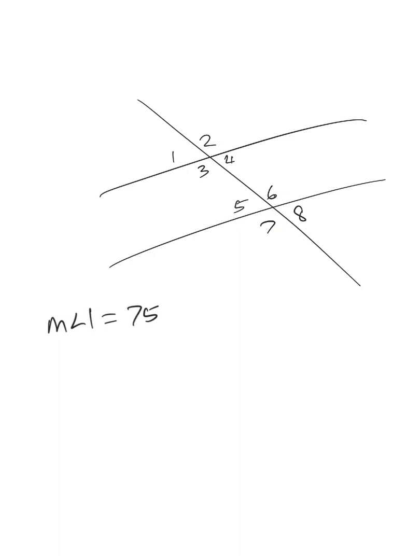The measure of angle 1 is 75 degrees. Find all the other angles. If angle 1 is 75 degrees, angle 4 is 75 degrees. Angle 2 is a linear pair, so it's supplementary. 105 degrees, so angle 3 is 105, because they add up to 180.